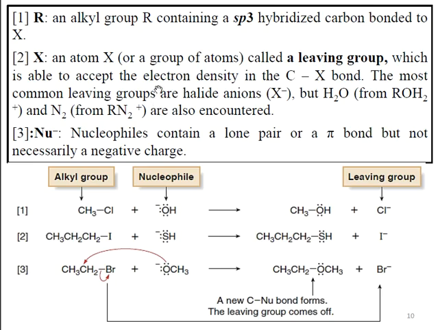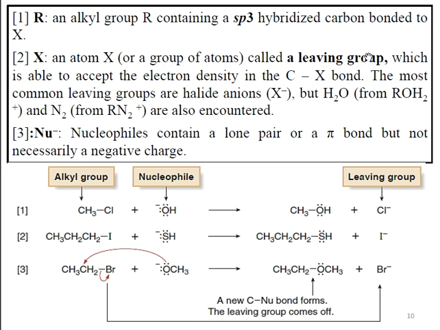The three important components are: the R, which is the starting material, the alkyl group containing the sp3 hybridized carbon bonded to the X. Number two, the halogen, an atom X or a group of atoms, called the leaving group.